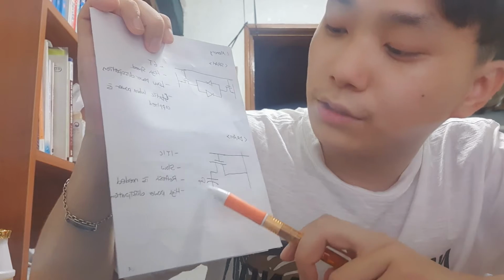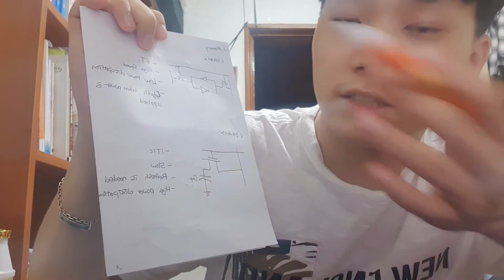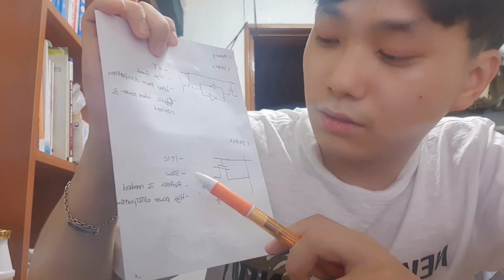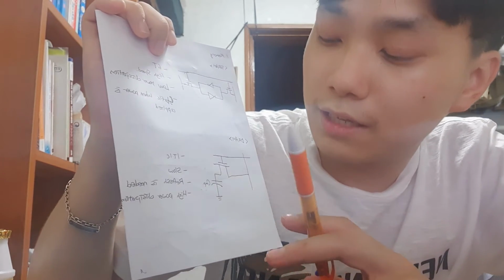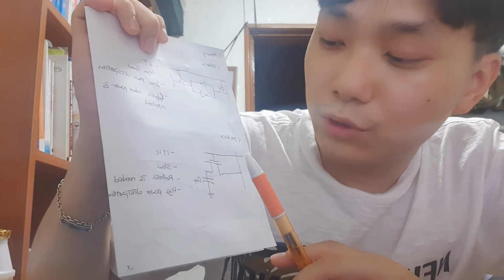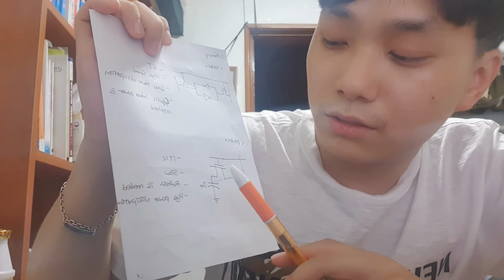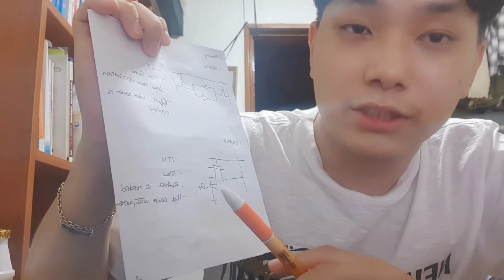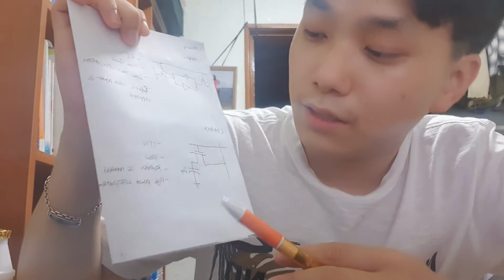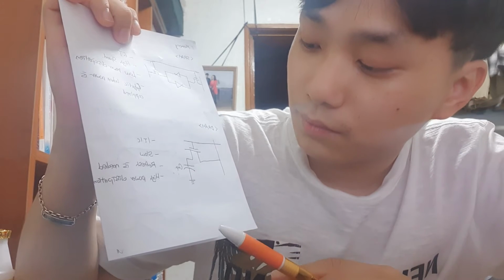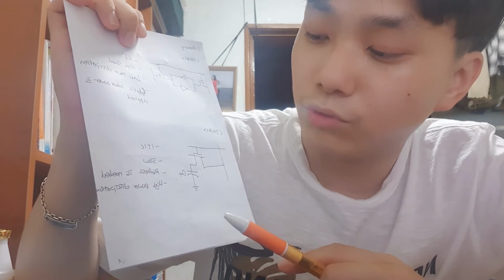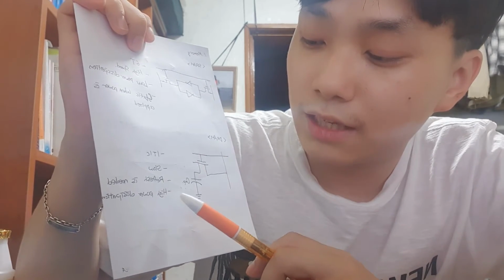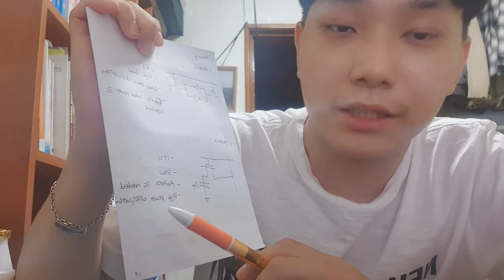Because there is a capacitor and charge and discharge behavior, it operates very slowly, and we have to refresh the capacitor. So refresh is needed. Because we have to refresh the capacitor, it has high power dissipation.